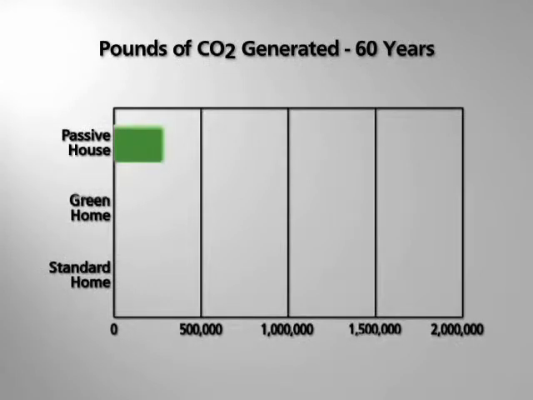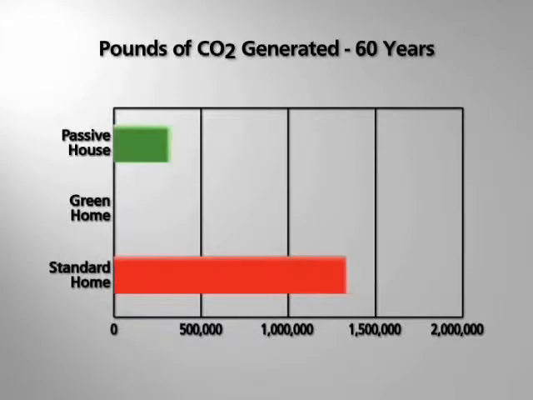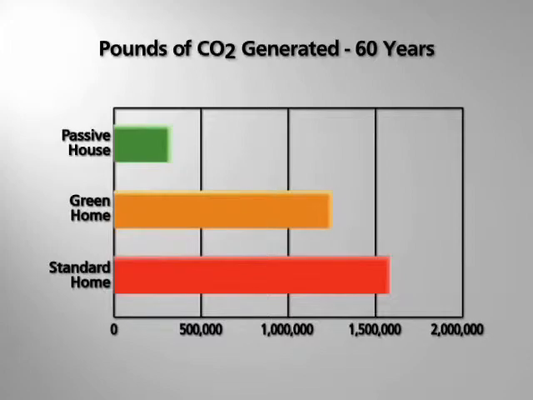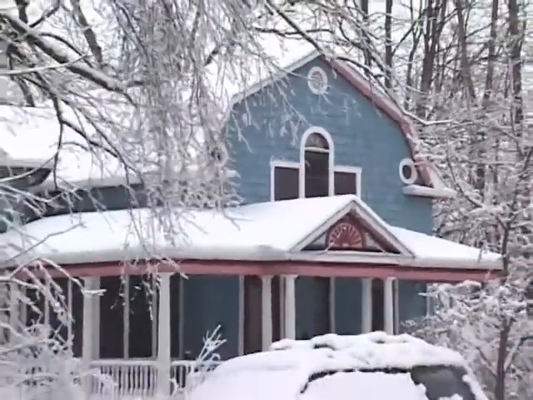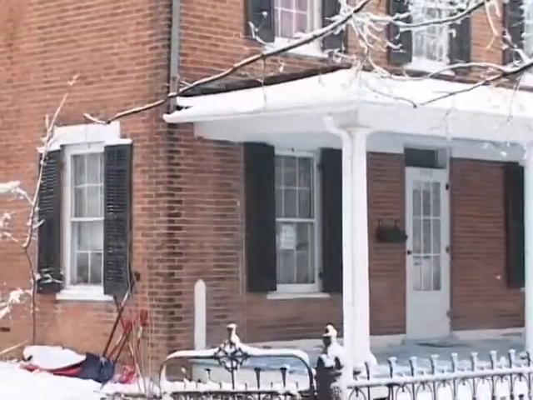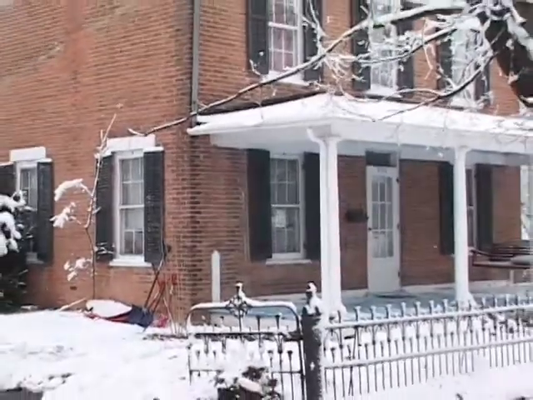Over 60 years, the CO2 emissions of a passive house are nearly 1 million pounds less than what is used by a standard home, or even by homes classified as green. Understanding the building, insulating it well, air sealing it, giving it a good mechanical system, and all these things in new construction can cost the same or less. And then we have the problem of all the existing buildings that need to have the reductions done.